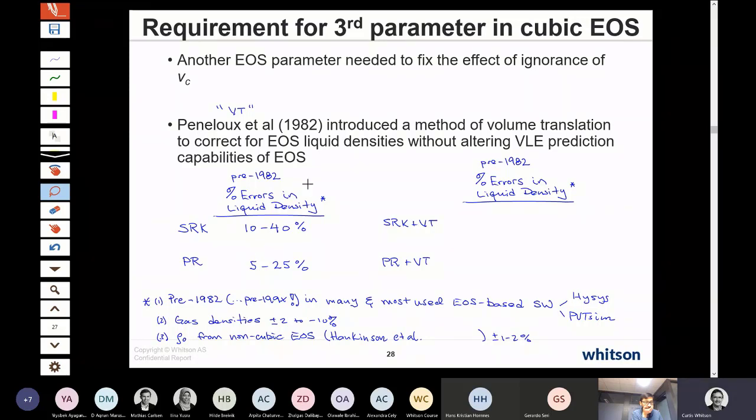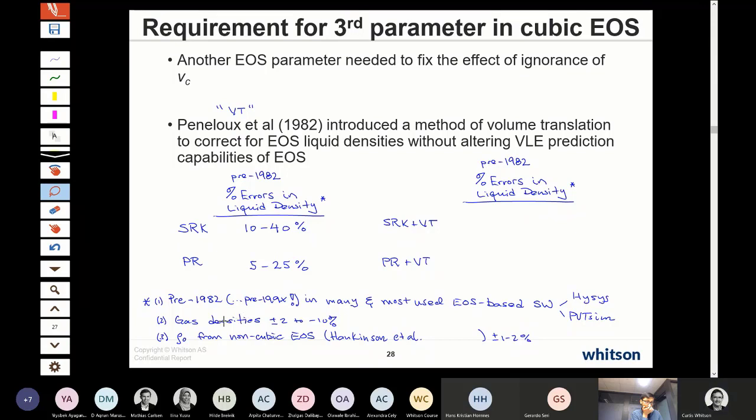And I've got a footnote here which says that pre-1982, and for some of the software, like I was mentioning Keith Coats, and into the mid-1990s, most of the EOS-based software, including HYSYS and PVTsim, did not have the volume shift included.